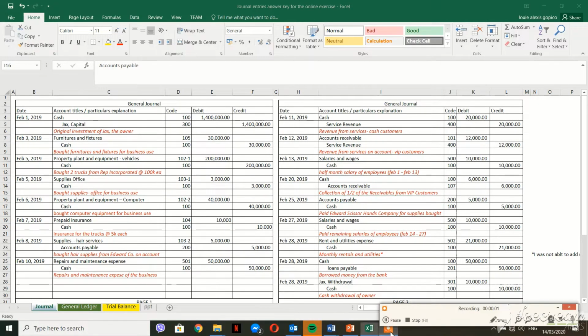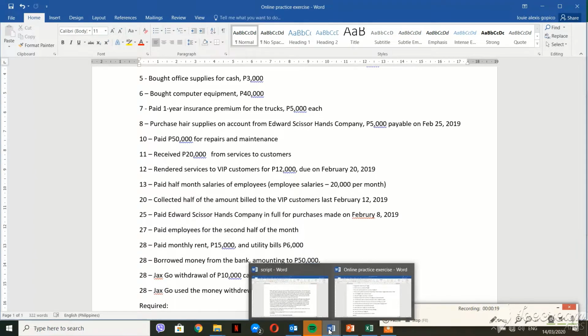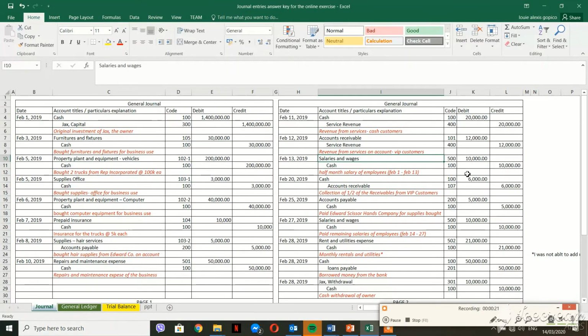I want to go back pala on February 13. If you notice here, on February 13, we paid half month salary of employees. The salary of the employees is 20,000 pesos per month. Okay? So we paid half, 10,000. 20,000 divided by 2 is 10,000. So we paid using cash.